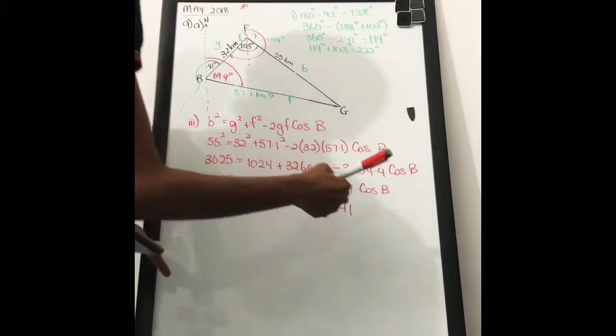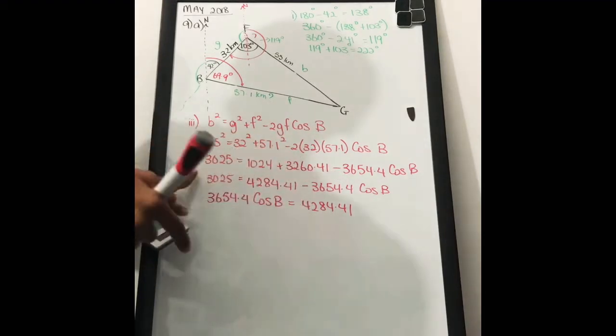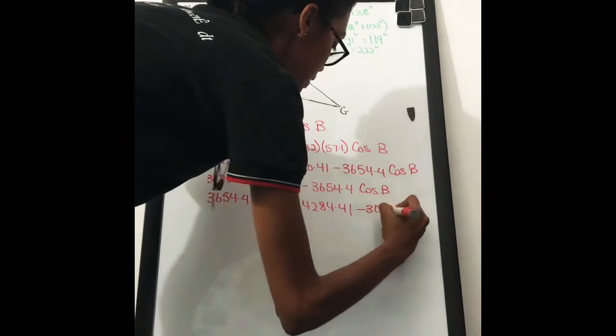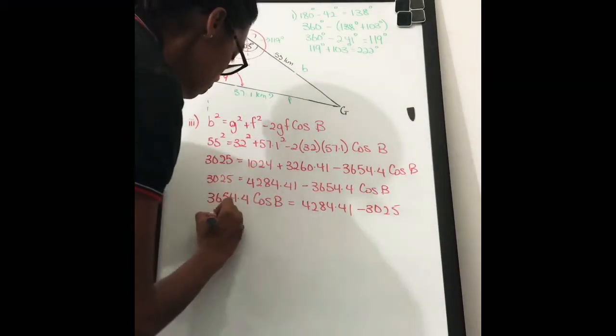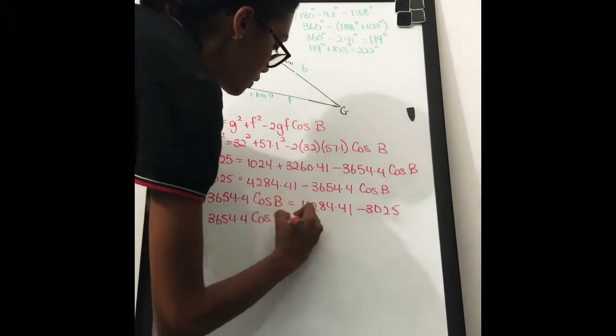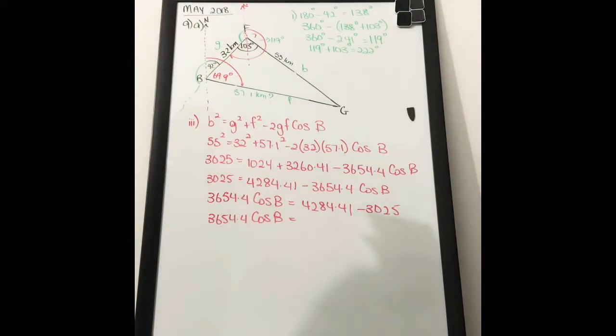This is remaining on the right side. And then this is positive, so we carry it across and it will be negative, right? 3025. So we have 3654.4 cos B is equal to 4284.41 minus 3025.